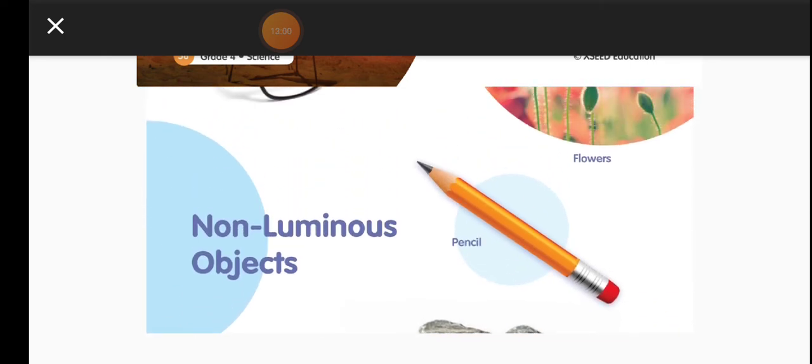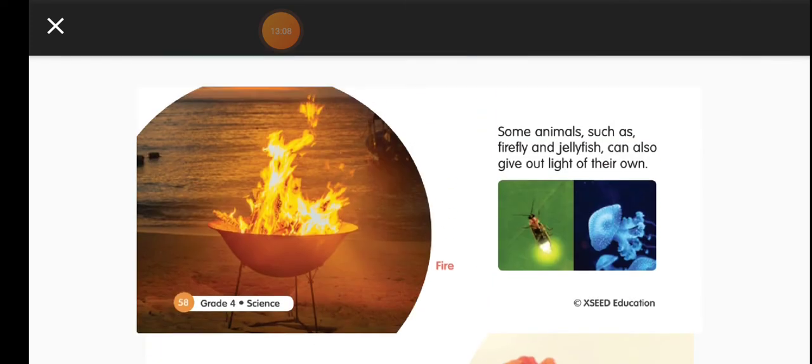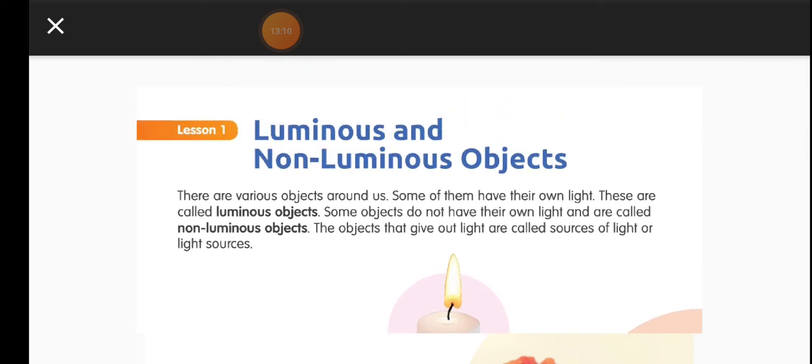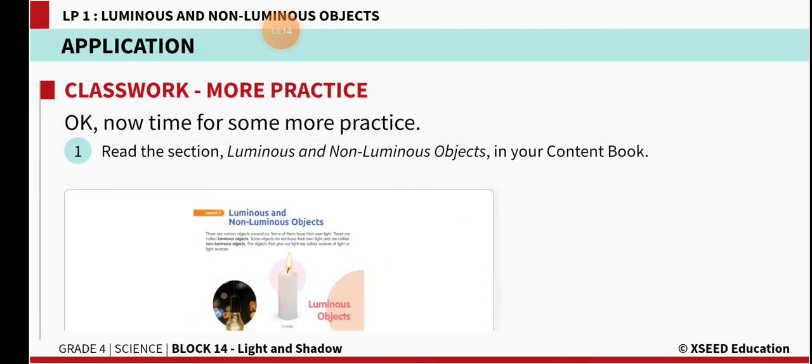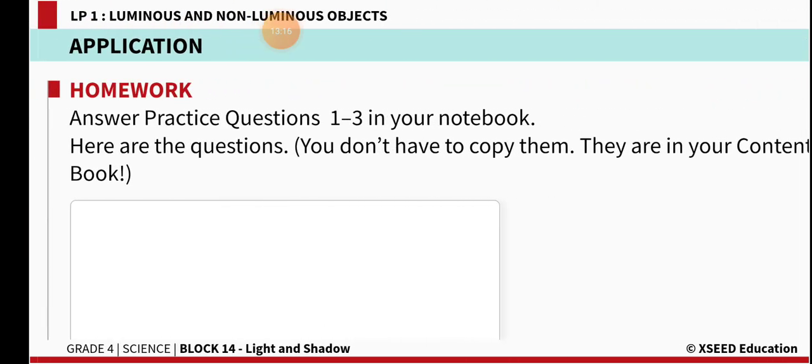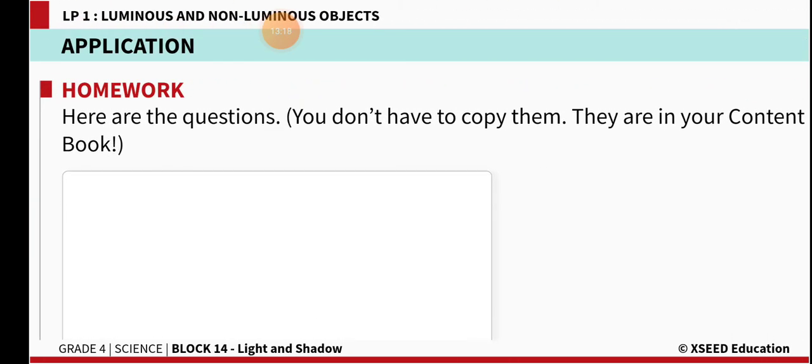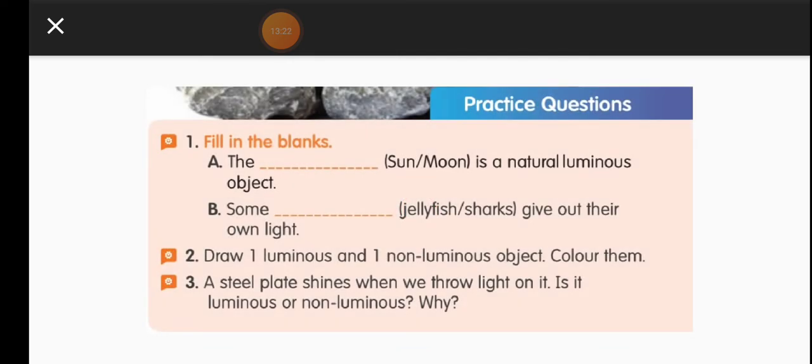When light falls on the moon or on the mirror, some light rays bounce back. So such objects are known as non-luminous objects. They do not have light of their own. Now go through the practice questions given in the content book.